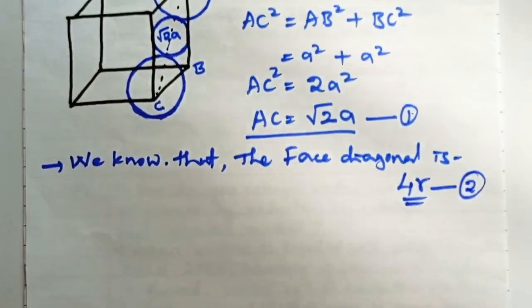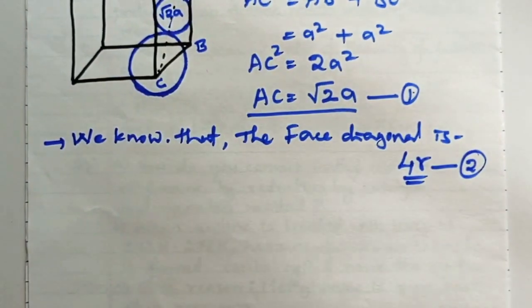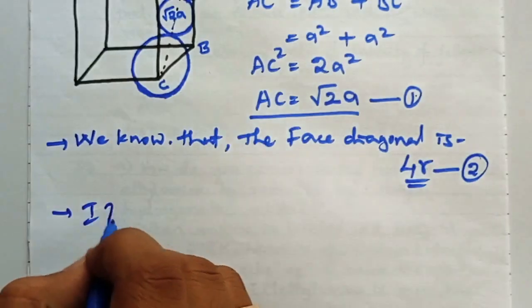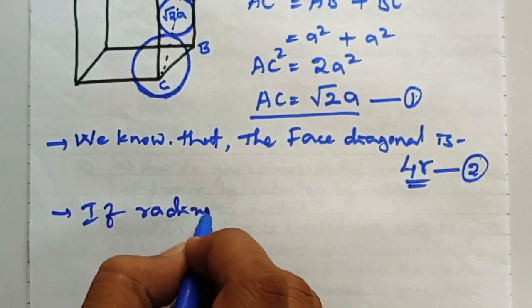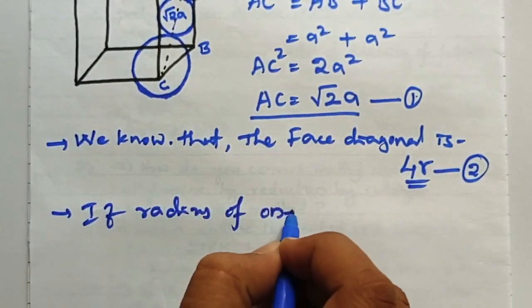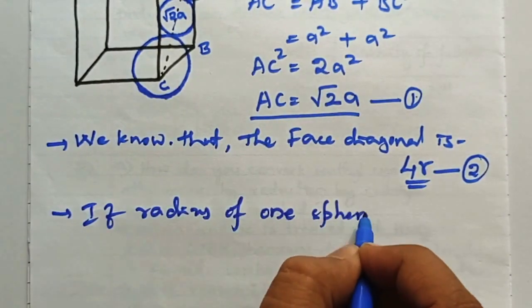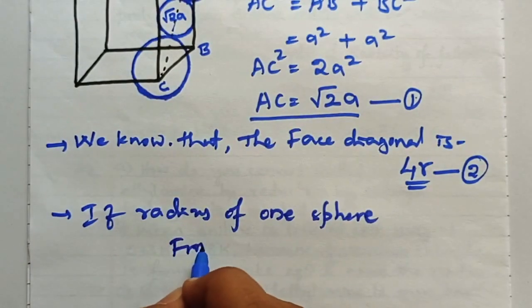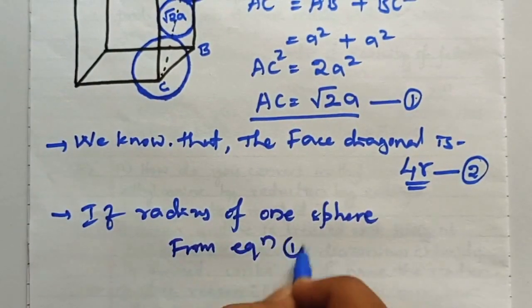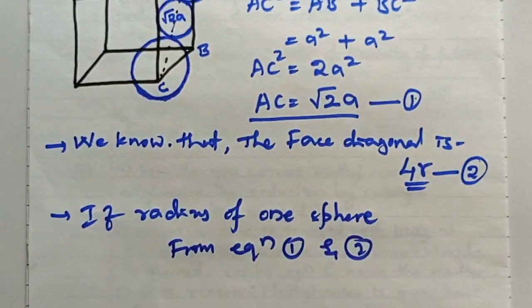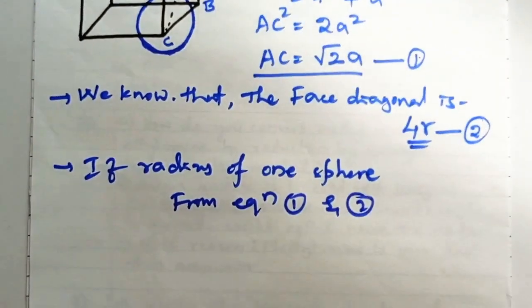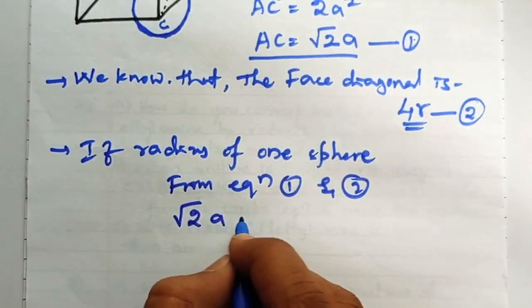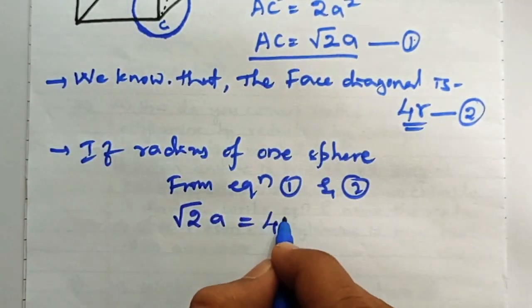Next, from equation 1 and 2, root 2 a is equal to 4R.